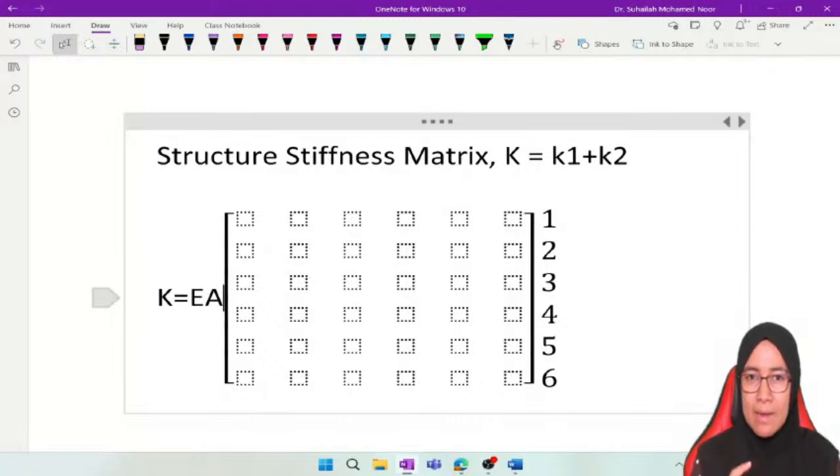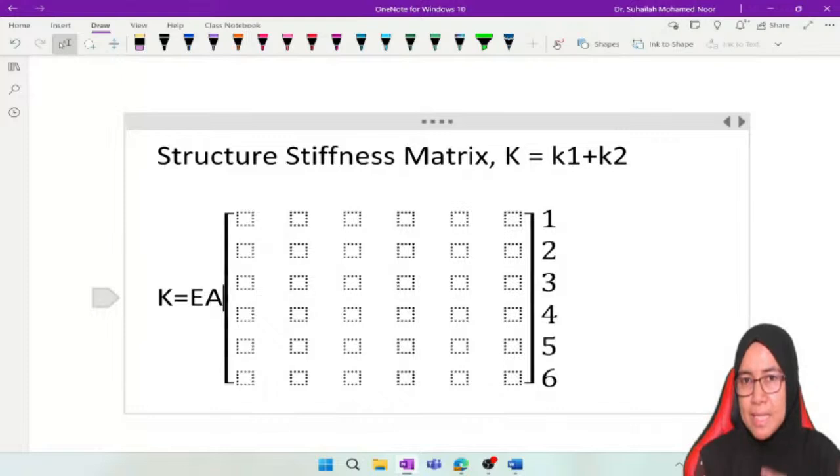We cannot get the structure stiffness matrix directly using one formula, because the formula to calculate stiffness matrix is for each element. That is why we have to divide into elements. Establish the element stiffness matrix first, then only we combine to have the structure stiffness matrix.